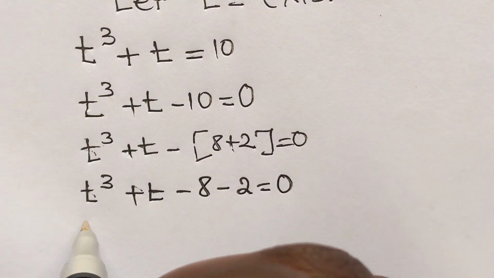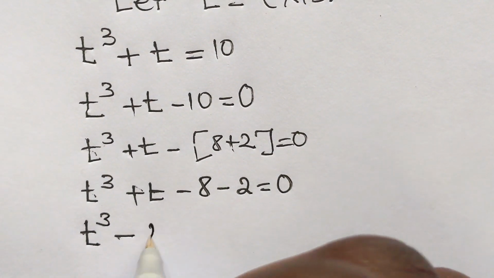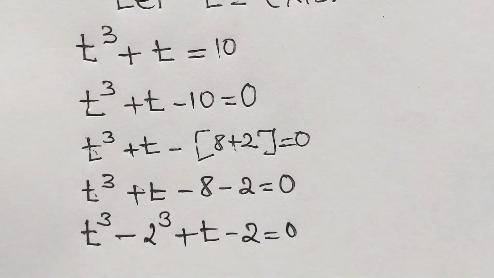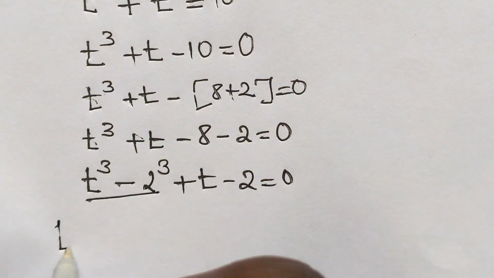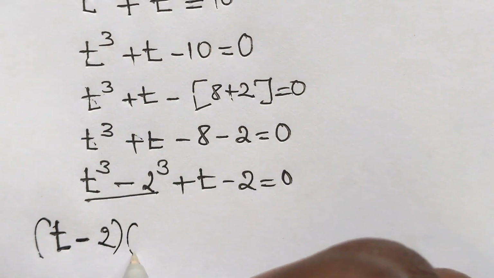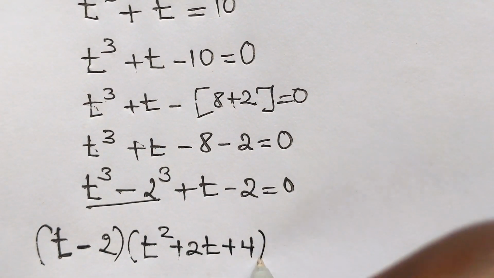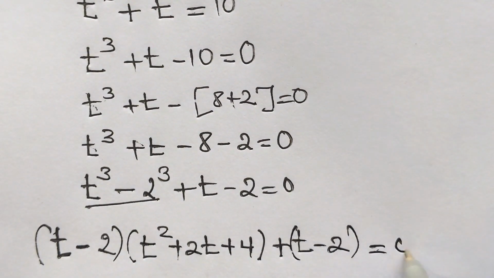Then by grouping the right terms, we shall write t to the power 3 minus 8, which is equal to 2 to the power 3, plus t minus 2 equals 0. And of course this one we shall write as t minus 2 times t squared plus 2t plus 4, then plus t minus 2 equals 0.